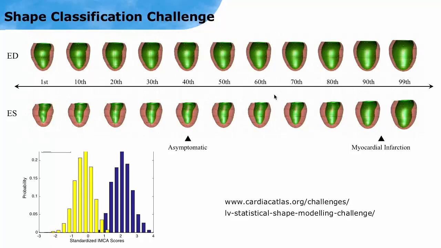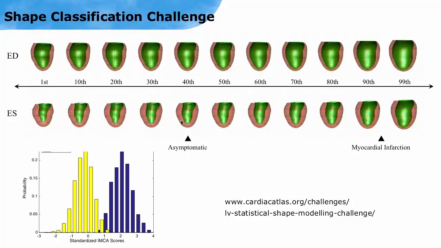So once you have a lot of data, you can start to pull out maybe one index, one number, which best characterizes the difference between, say, patients who are remodeling after a myocardial infarction and asymptomatic volunteers.